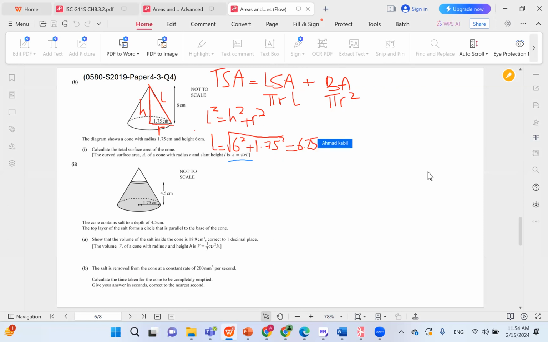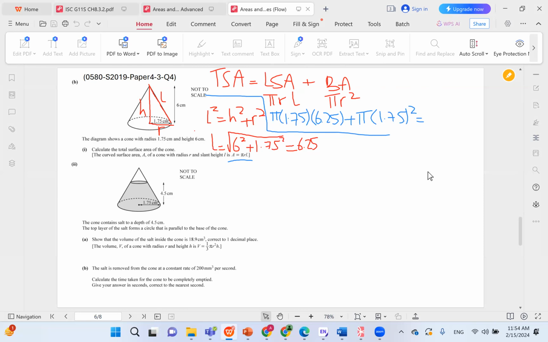Finally, we plug the values into the equation. So pi multiplied by R, which is 1.75, multiplied by L, which is 6.25, plus pi multiplied by R squared, which is 1.75 squared. So you use your calculator, pi times 1.75 times 6.25.